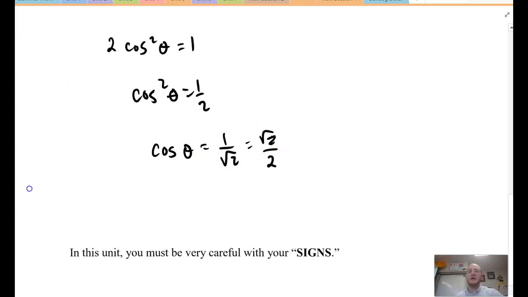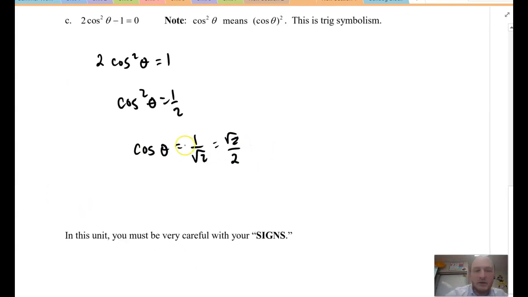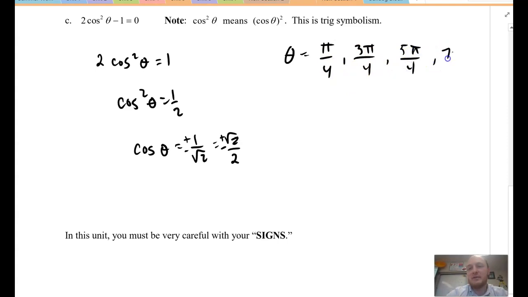Hopefully you know that root 2 over 2 right off the bat is a pi fourths angle, a 45-degree angle. Since it's positive and negative, that's going to be every single angle. Our reference angles: pi fourths, 3 pi fourths, 5 pi fourths, and 7 pi fourths. All right.